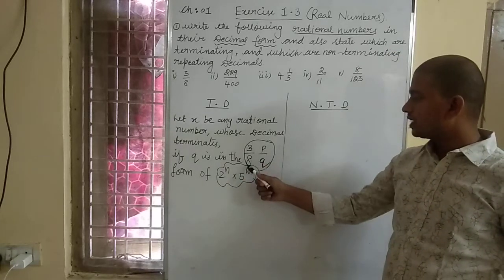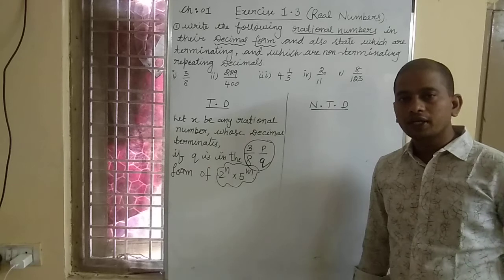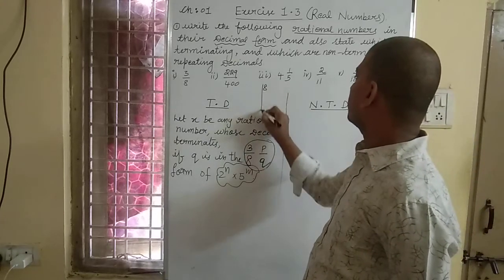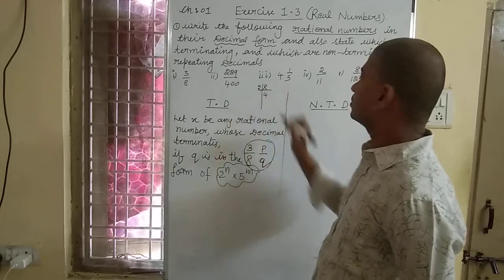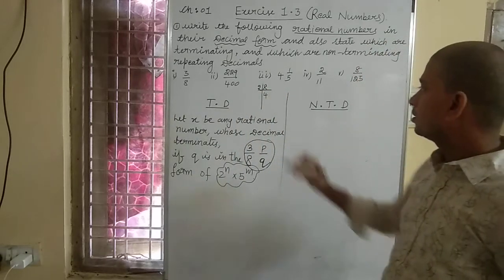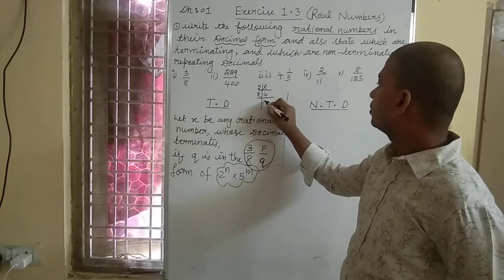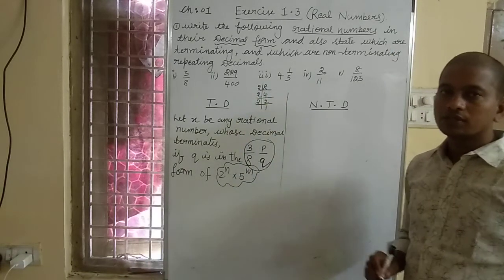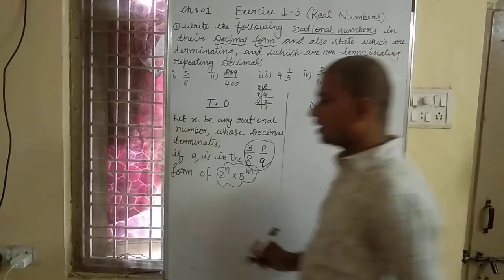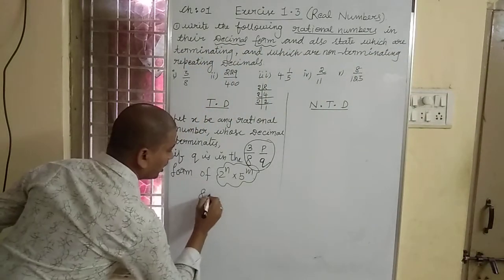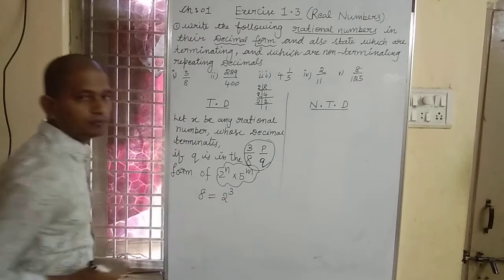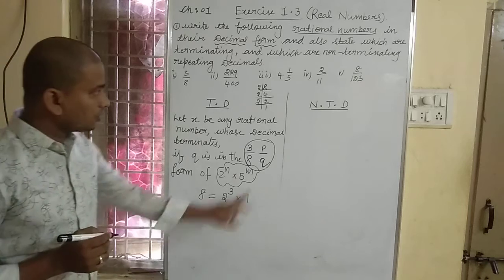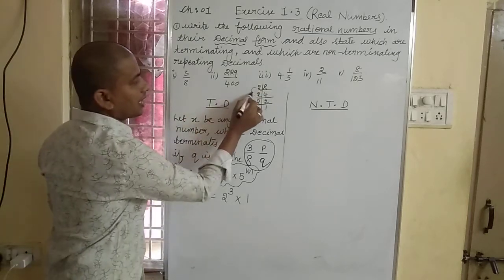Suppose here you can see what our denominator is. In this case our denominator is 8. What are the prime factors of 8? 2 fours are 8, 2 twos are 4, and 2 ones are 2. So 8 I can write as 2 cube into 1, because here 2 is repeating 3 times.